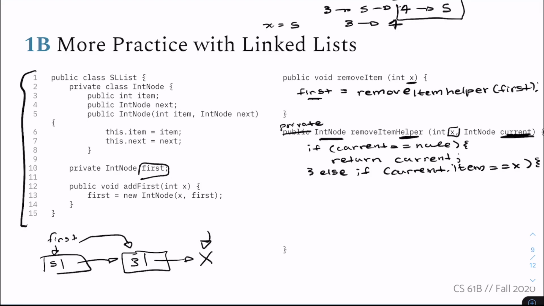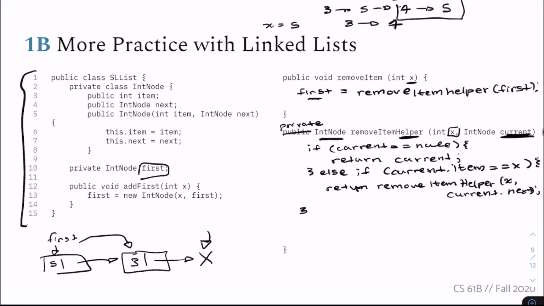So we're going to return remove item helper called on x and current.next. So it's going to return the rest of our list passed through remove item helper.